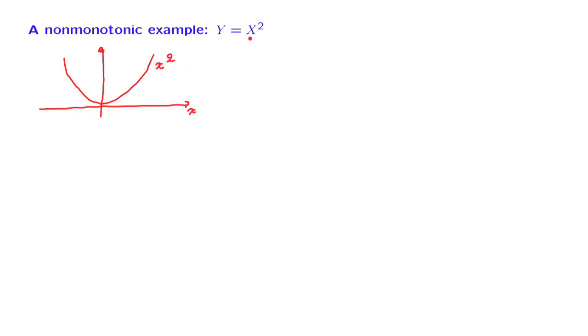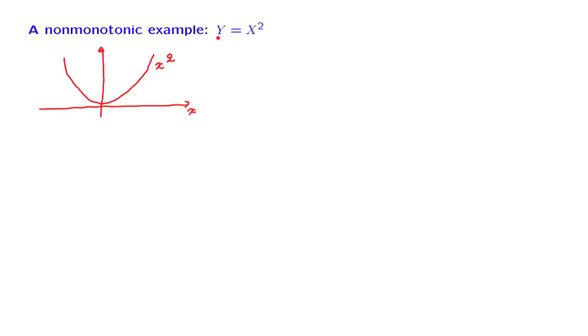And we will assume that x has a general distribution so that it can take both positive and negative values. And so over the range of values of x, the function that we're dealing with is decreasing and then increasing, so it is not monotonic. How can we find the distribution of y?